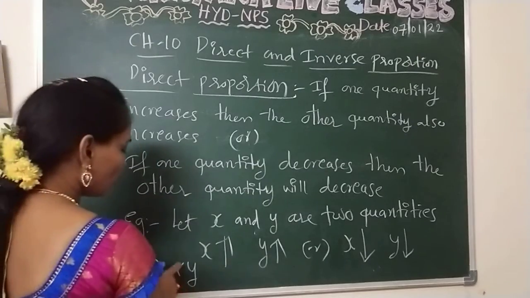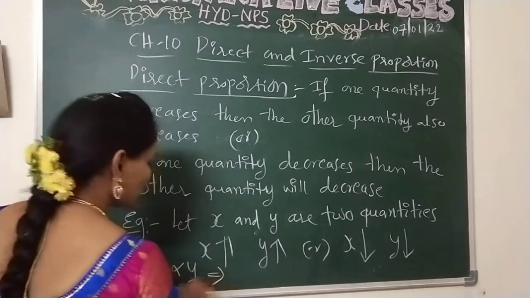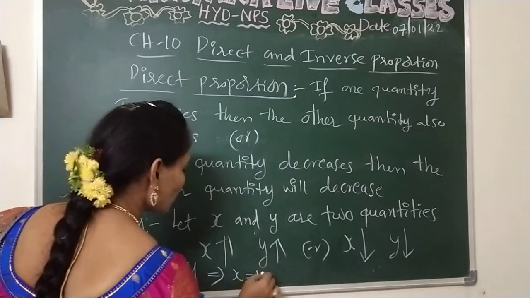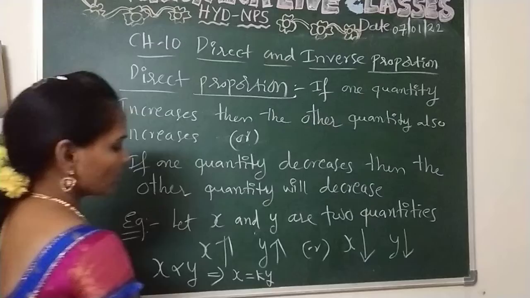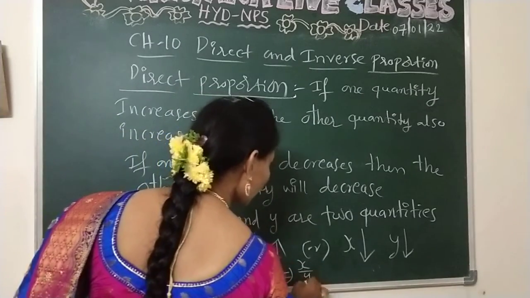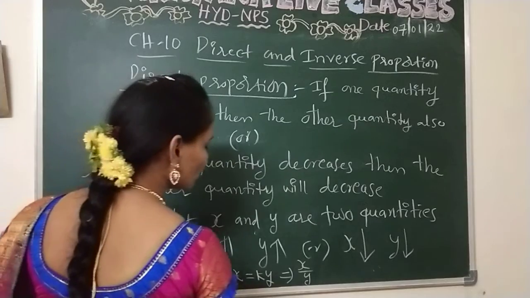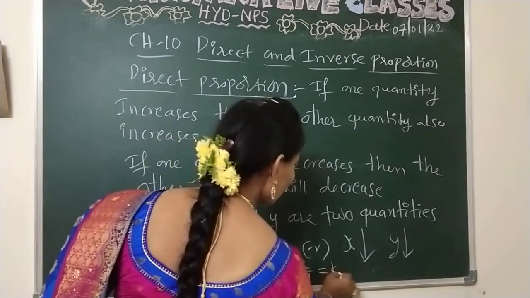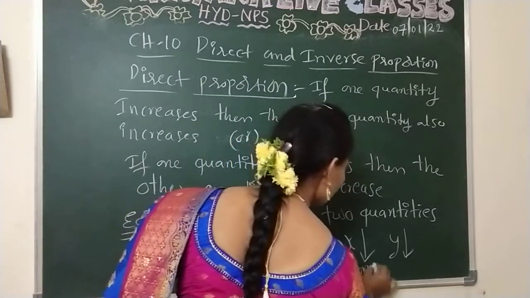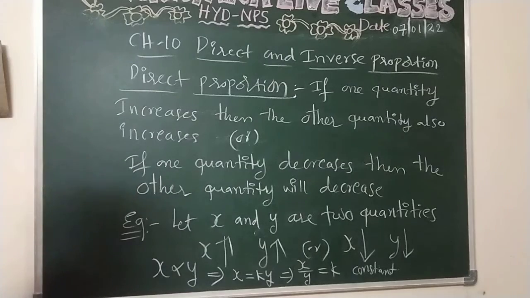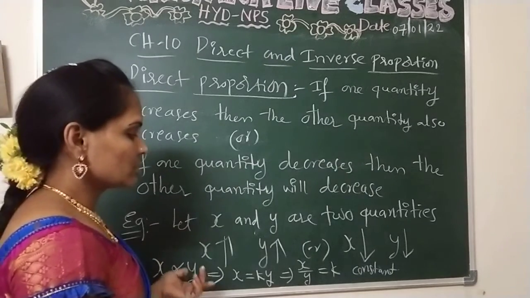Right? Now, if you remove the proportionality symbol, then you can take one constant k. Now, we can write x by y. Transposing multiplication gives division, so x divided by y is equal to k. That is a constant. Now, we can write the formula for this.